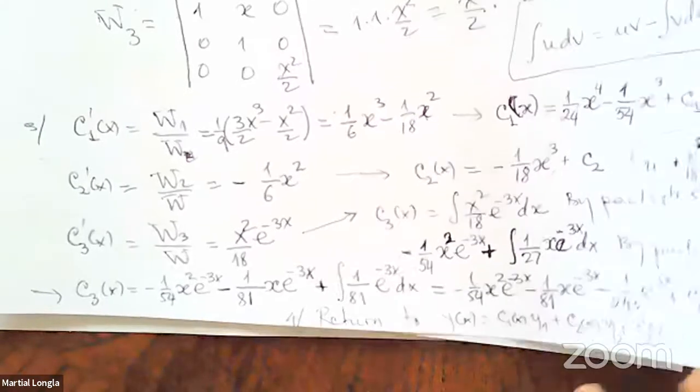Okay. No questions. Let me give you another one that you do by yourself now with the remaining time. I give you a second order, not a third order. Exercise.